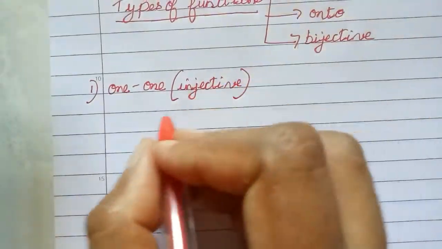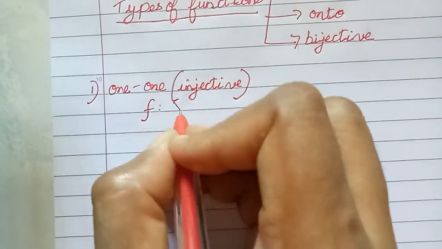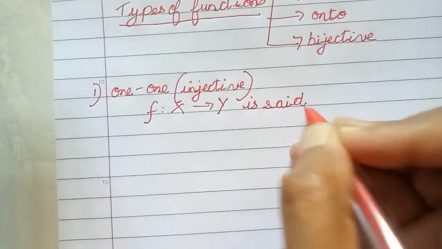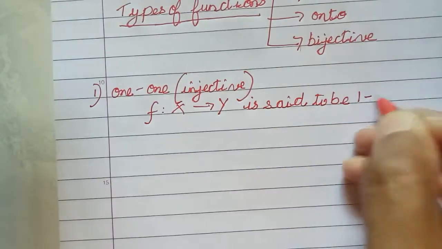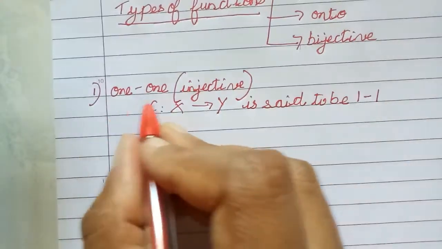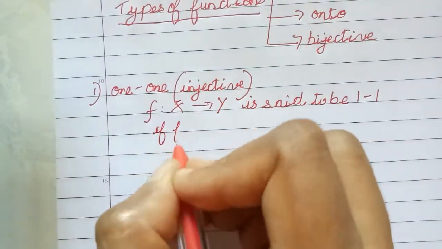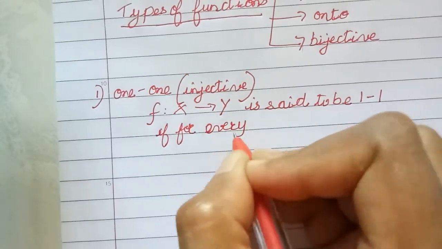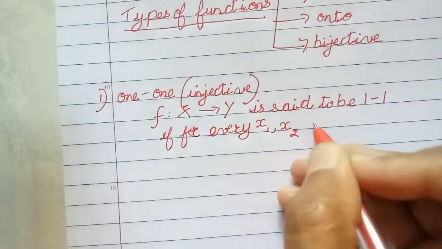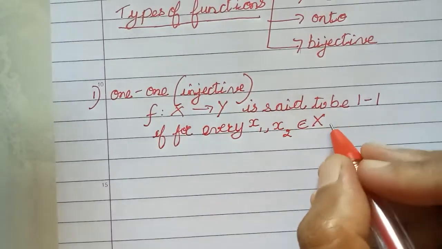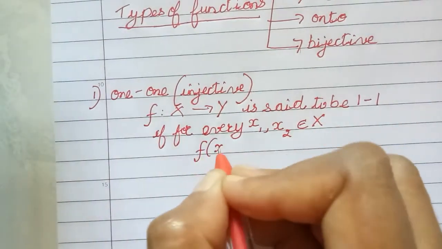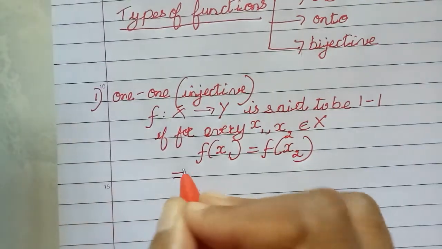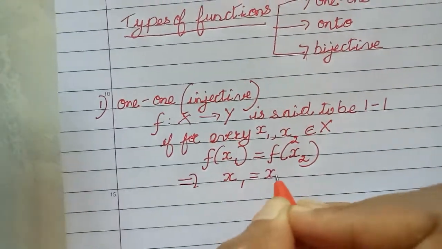So if I have a function f, suppose children, if I have a function f from X to Y, this function is said to be 1-1 if for every x1, x2 belonging to capital X, f of x1 is equal to f of x2 will imply that x1 is equal to x2.